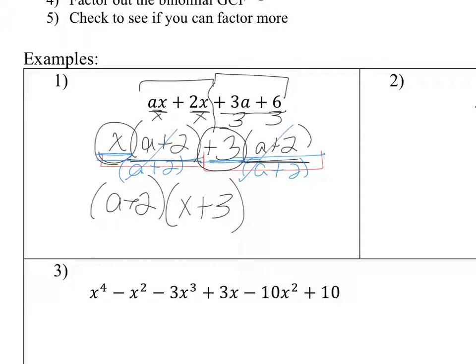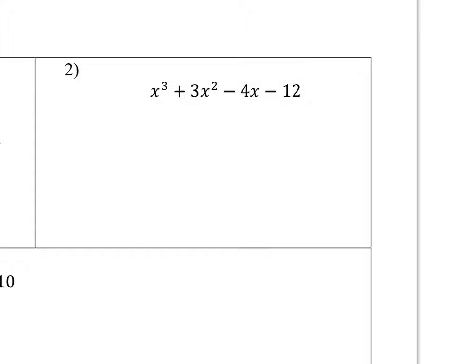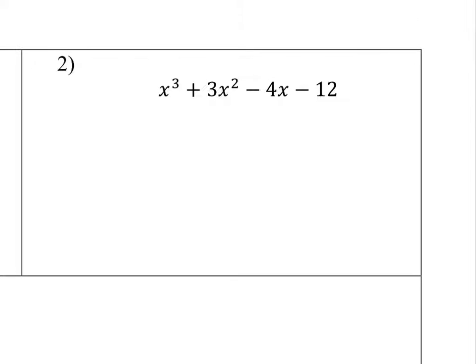Well, that's super messy. Let's try it here. Looking at this particular one, there's 4 terms again, so I'm going to break it into 2s. Looking at the first group here, no numbers look like common factors, but they both have x's, and the smallest exponent is 2.